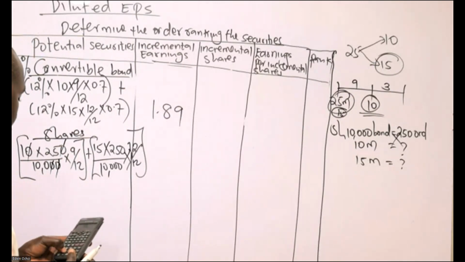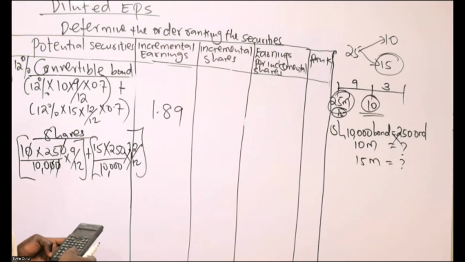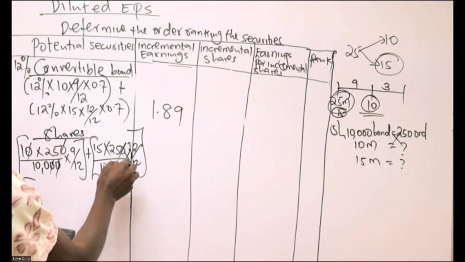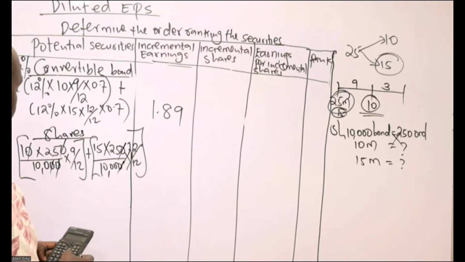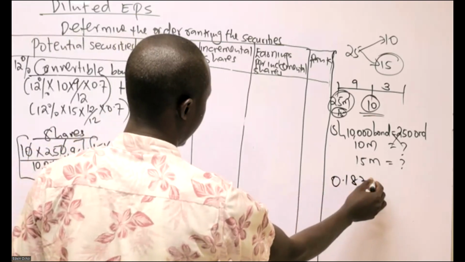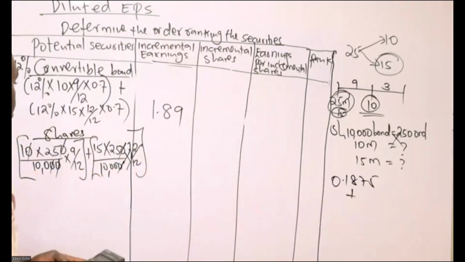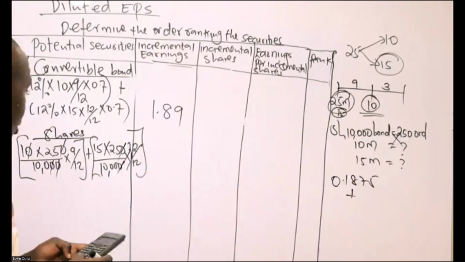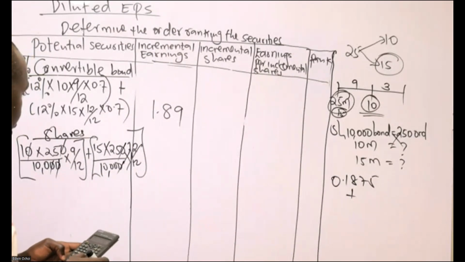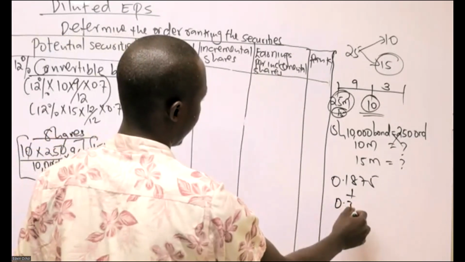So it's 25 divided by 100 times 9/12, which is 0.1875, plus 15 times 25, divided by 1,000, which is 0.375.